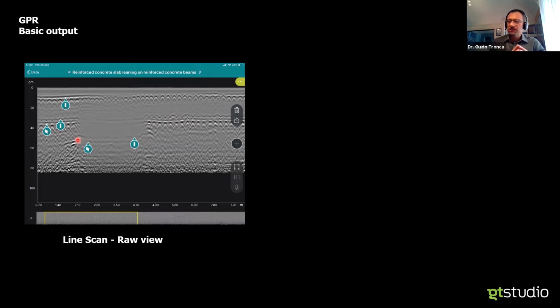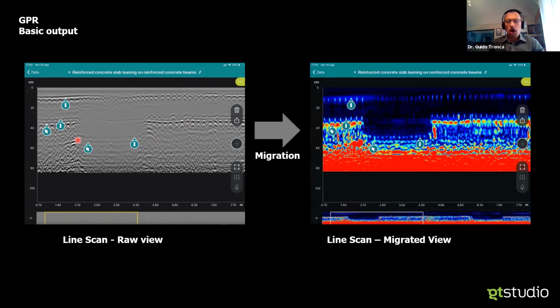Okay, this scan I wanted just to use to give a first view of the very basic processing that is very common in the GPR world and that is fully supported in the PROCEQ app, which is the migration. We basically take into account the velocity of the wave in the concrete, and we collapse those hyperbolic views into the realistic dots.